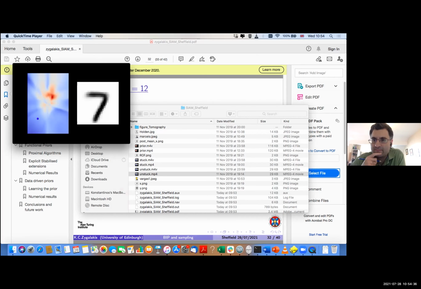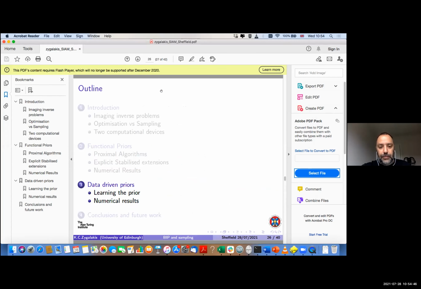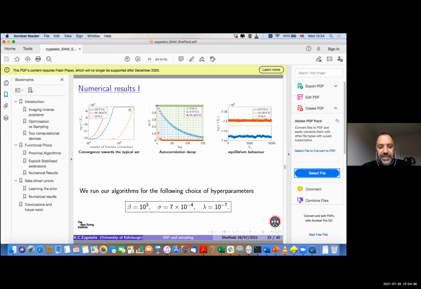You should think of it in the context of this image here. You reach the typical set, where most of the posterior is concentrated, but you still want to be able to move around quickly, because that allows you to visit more of the typical set, and that leads to small asymptotic variance. I see. Okay, thank you.